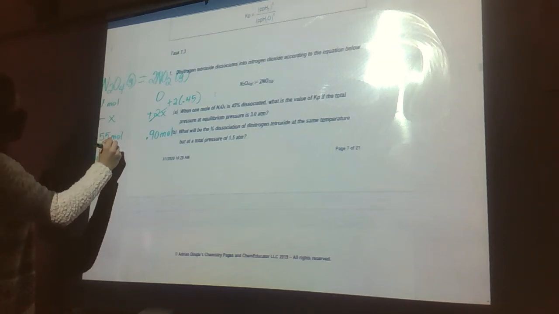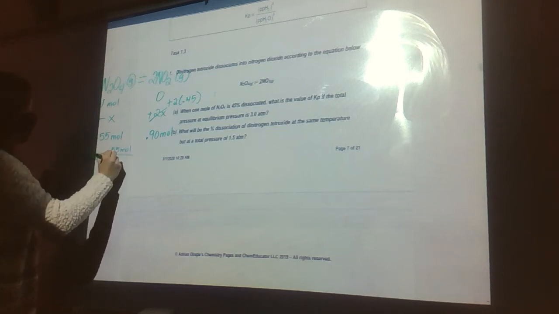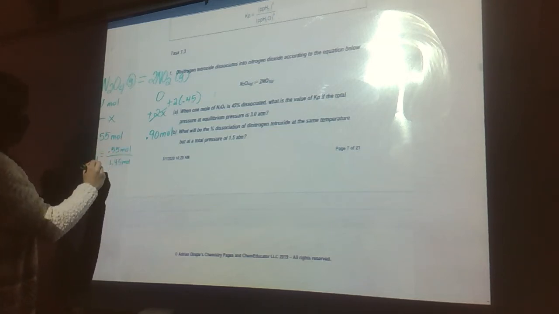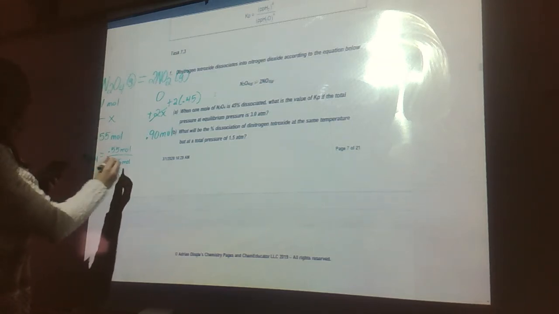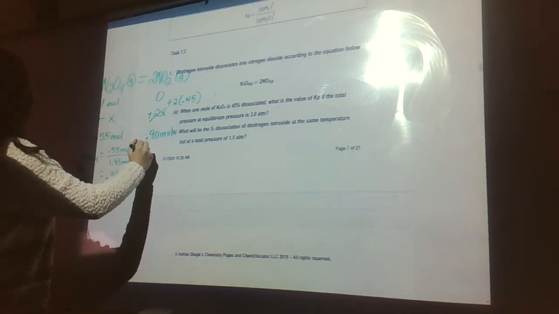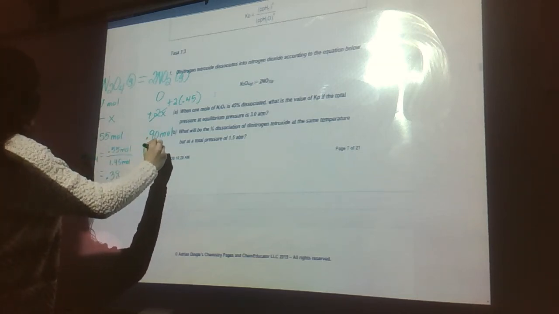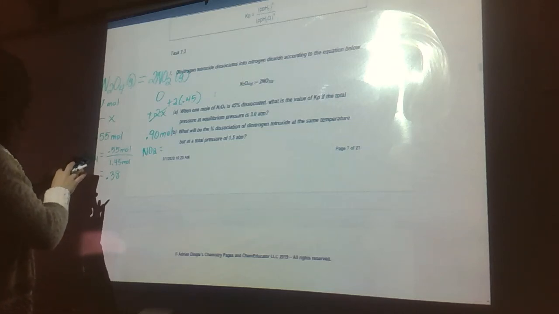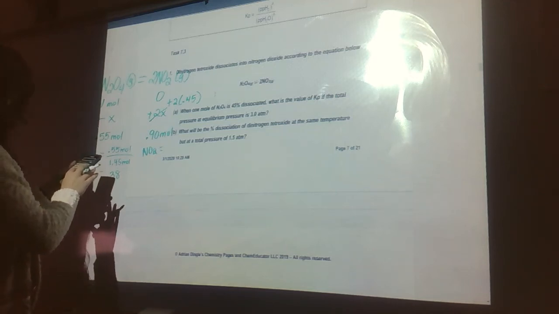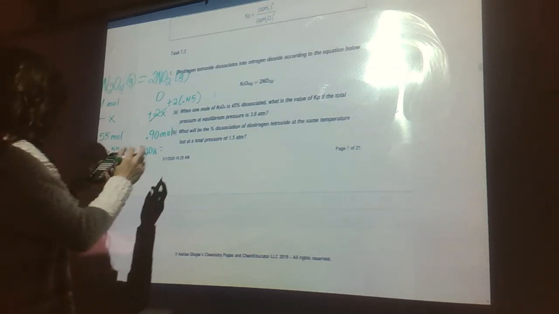is 0.55 moles divided by 1.45 moles, which is 0.38. And then my mole fraction of NO2 is 0.9 divided by 1.45, which is 0.62.